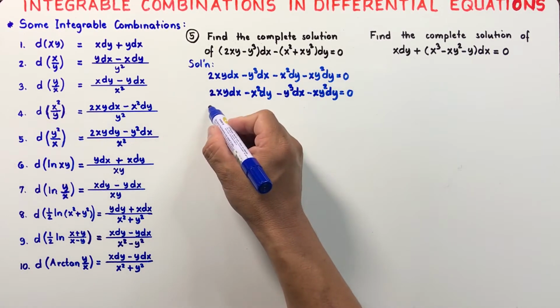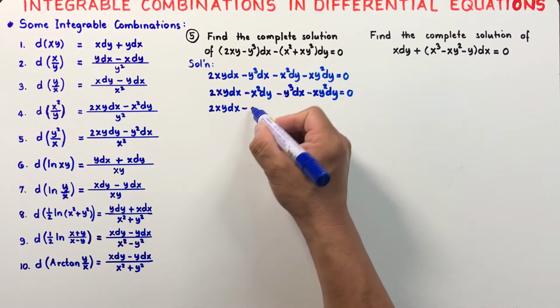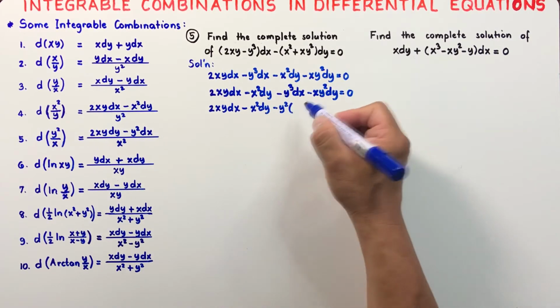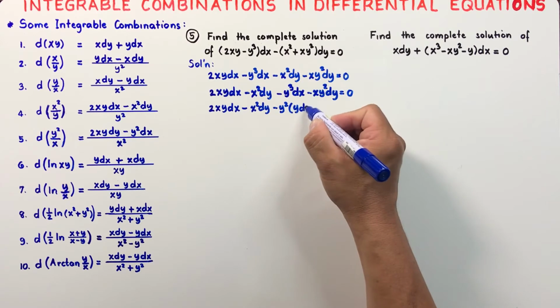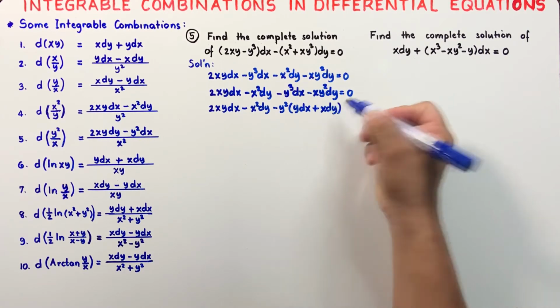So factoring out the common y squared, we have this y squared multiplied to (y dx plus x dy) here.